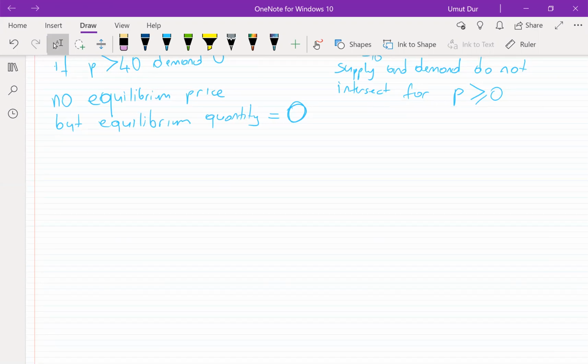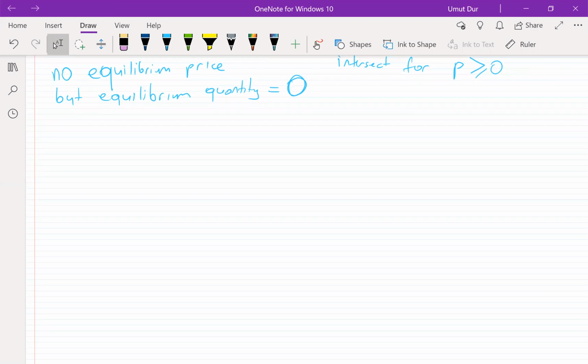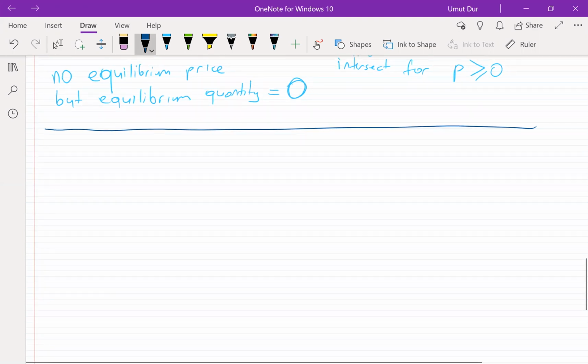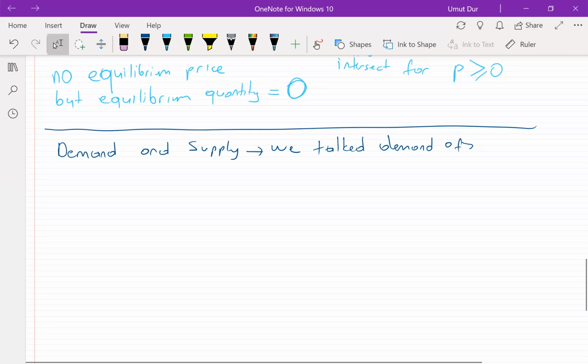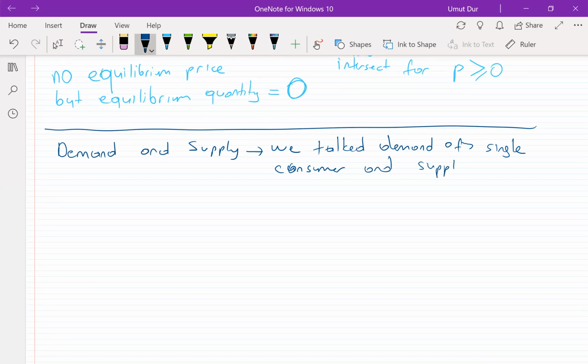So let's think about something strange. Right now, for demand and supply, we talked about the demand of a single consumer and the supply of a single seller.